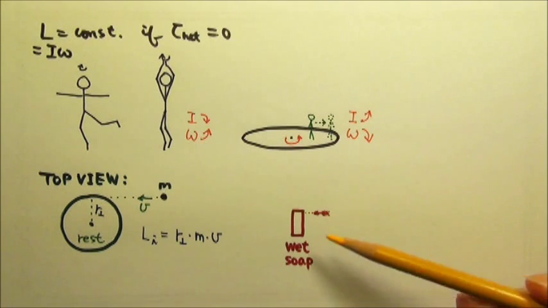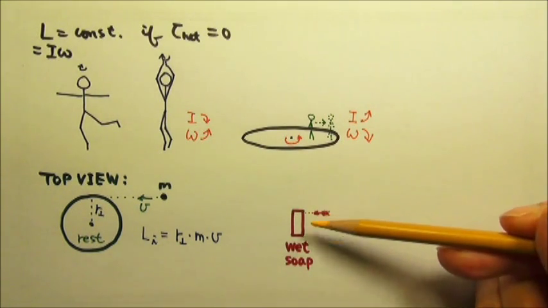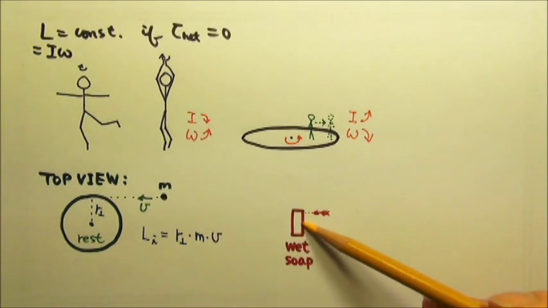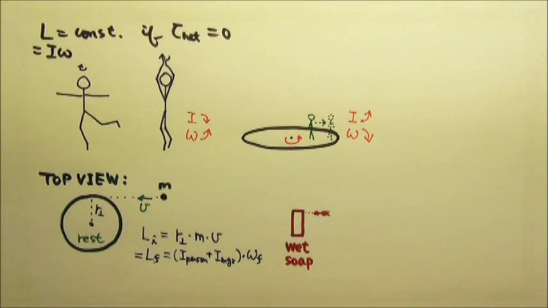Same thing here. If you shoot a dart into a wet bar of soap, the soap-dart combination will start rotating. There is an important difference between these two. For this merry-go-round, there is a fixed axis. That means the net force on the system is not zero when the person jumps onto the merry-go-round, because when the person lands, the force on the axle would change.